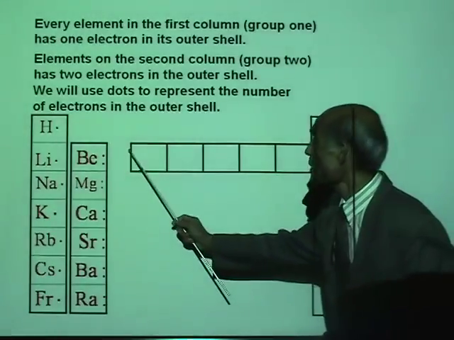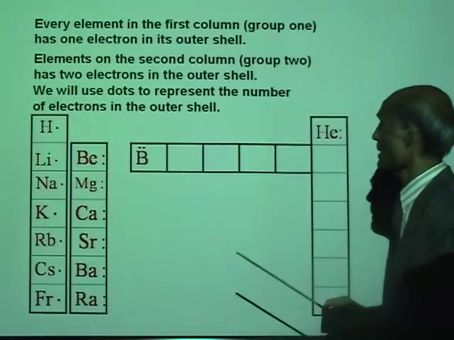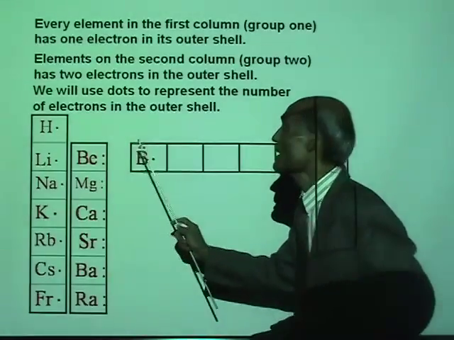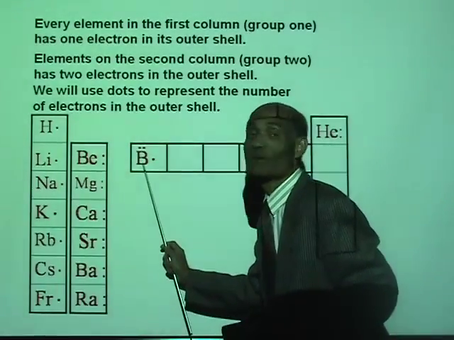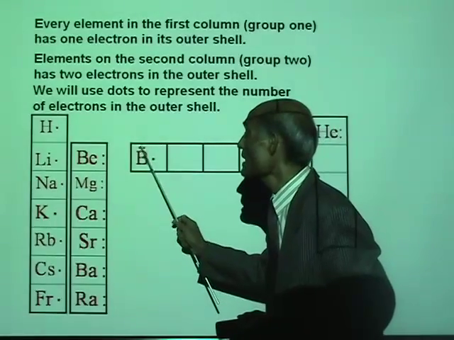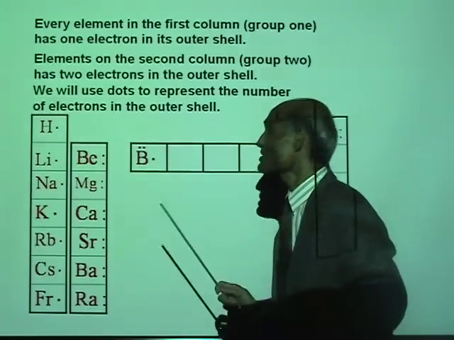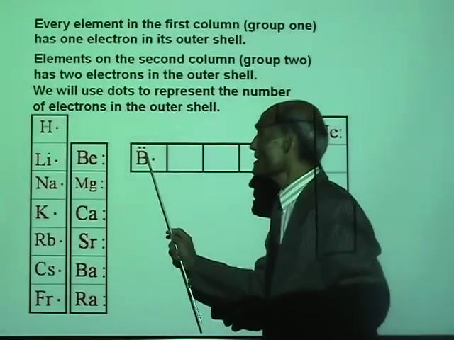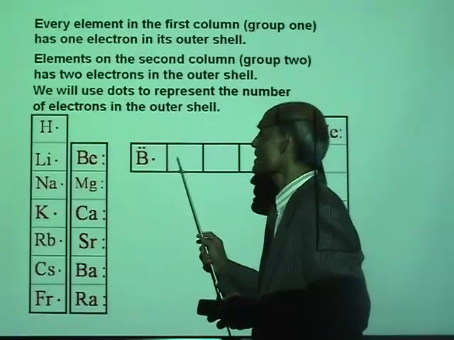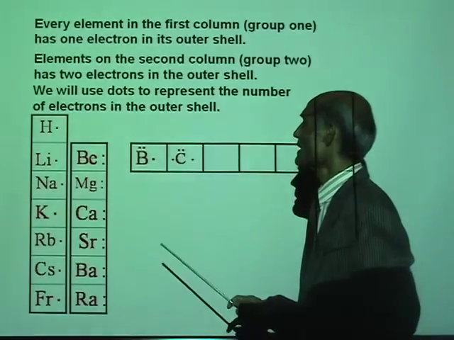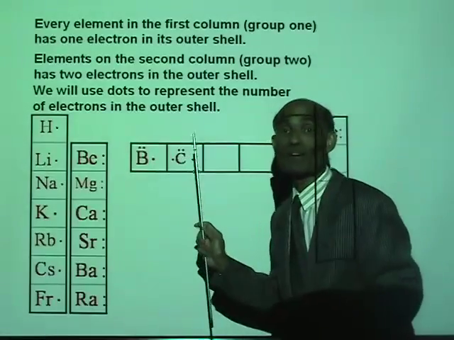Alright? Let's now look at some elements in this period. Now, boron. How many electrons in the outer shell? 3 electrons in the outer shell. Can anybody tell me what is going to be the next one coming? Carbon.